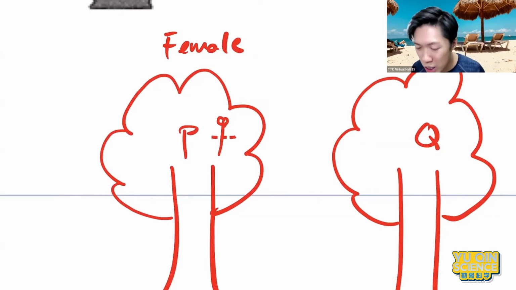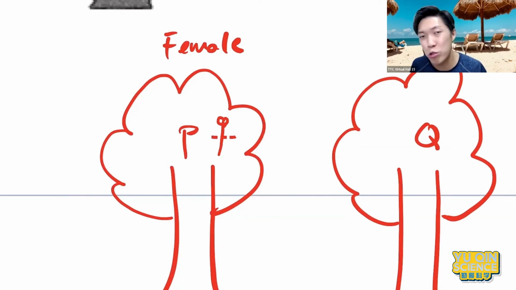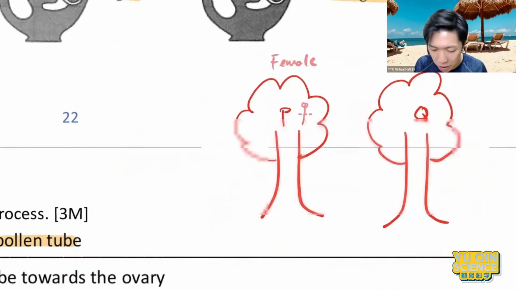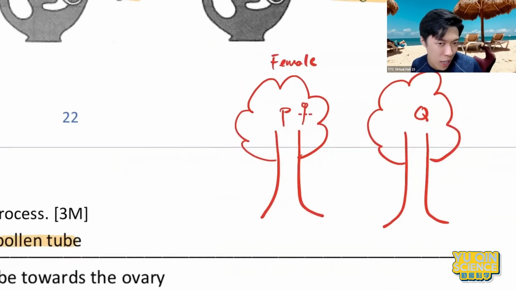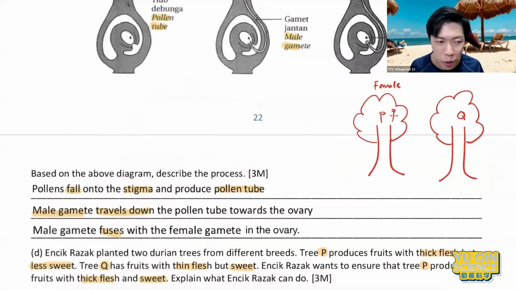Because the condition here is I want P to be the tree to bear fruits with both advantages or characteristics. So I think the only way is to cut off the anther of P, so Q can come over.